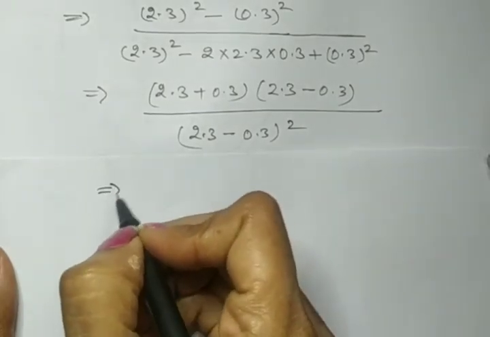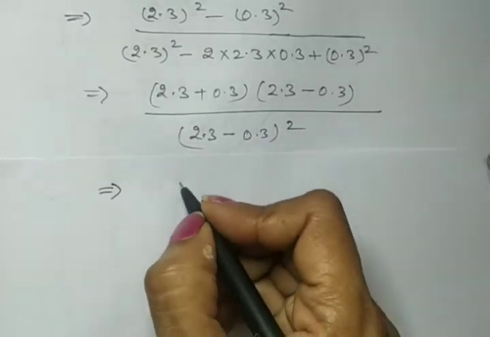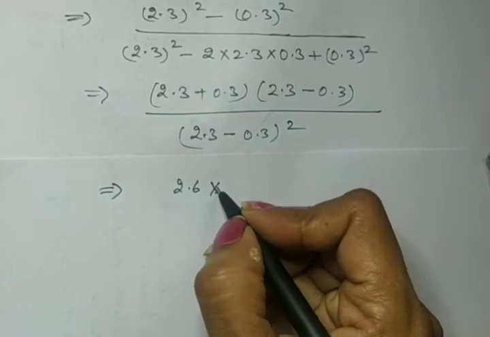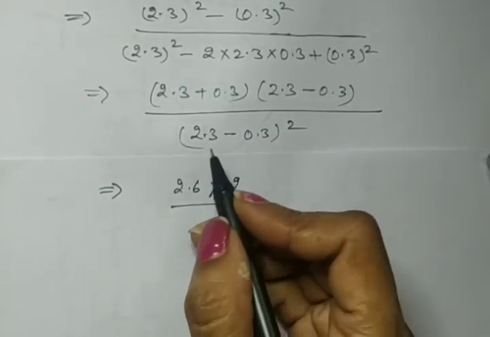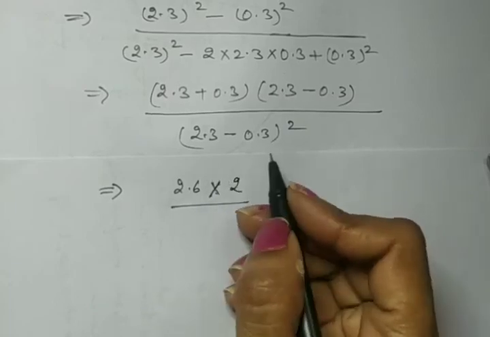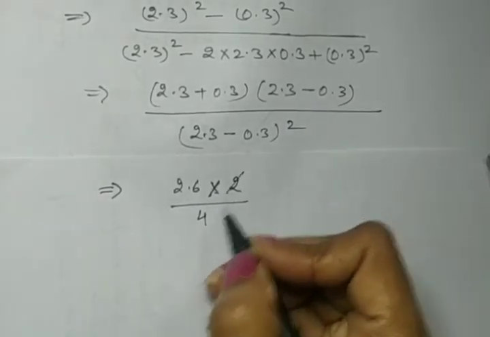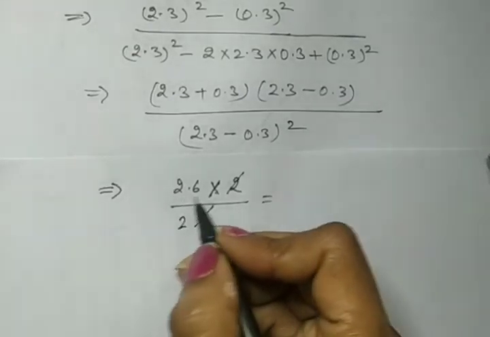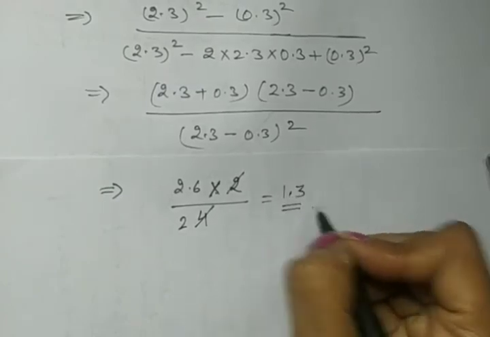In the next step, we can write 2.3 plus 0.3, we get 2.6. 2.3 minus 0.3 is 2, and in the denominator 2 square, that is 4. Cross out 2 with 2. So 2.6 divided by 2, we get 1.3 as answer.